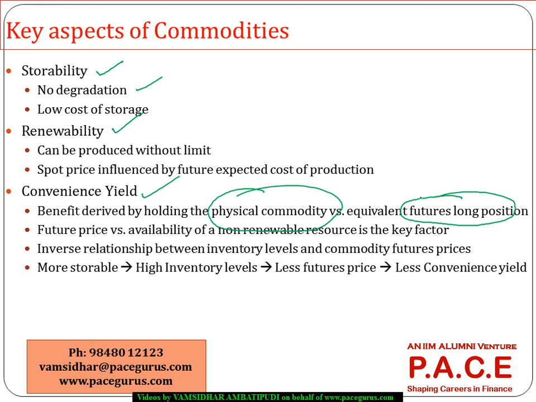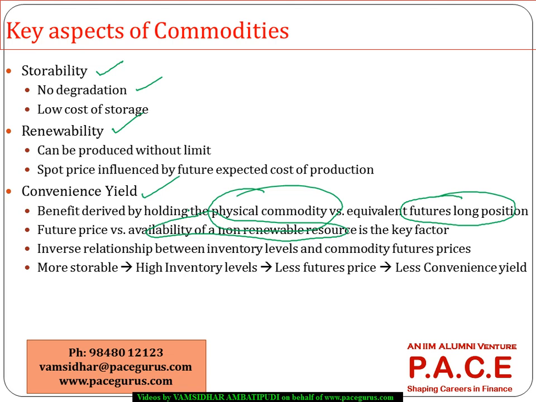And generally, one major scenario is the availability of a non-renewable resource. Sometimes if it is known that in future this particular commodity may not be available that frequently, which means the price of the commodity may go up very drastically in future. It's not about just the price, even the availability is an issue in future.